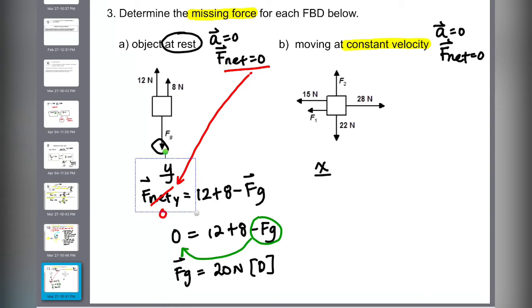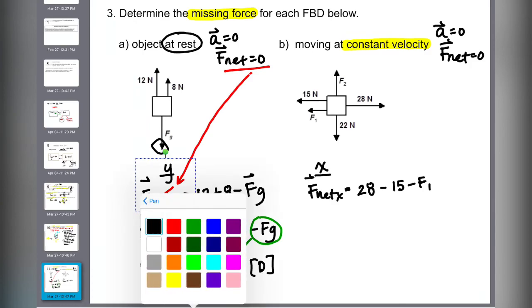Studying the x force, F net equals, all right, because there's no acceleration right or left, it doesn't matter if you go right minus left or left minus right. So I'm just going to go right minus left. There are 2 forces along the left-hand side, so I'm going to subtract them. And since I know that the net force is 0, this is 0.